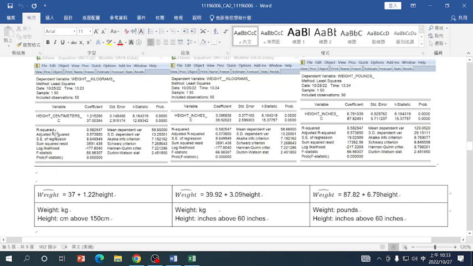For the comparison of kg and cm, we can see that when there is 1 cm higher, there will be an increase in kg of 1.22, and for the pounds and inches, when it is 1 inch higher, there will be an increase in pounds of 6.79. For the comparison in the middle, which is kg and inches, we can see the data is times 2.54, so we can see the relationship between the two data measurements. Correct?